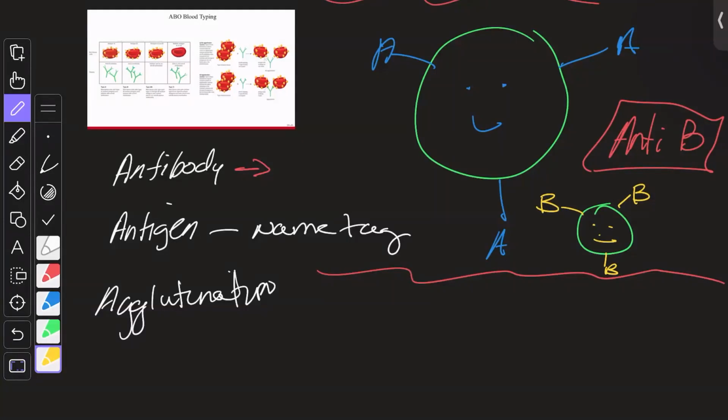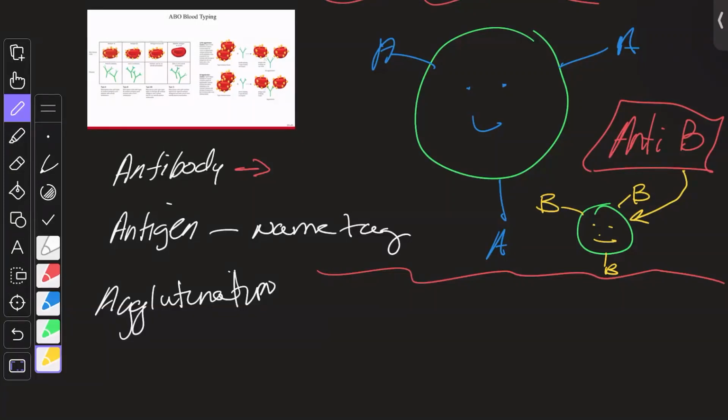If I put somebody in who has B's, this antibody is going to attack. And it's going to take all of those B blood cells and clump them together via agglutination and cause a clot. And if you've transfused a lot of blood in that way, you will kill somebody.